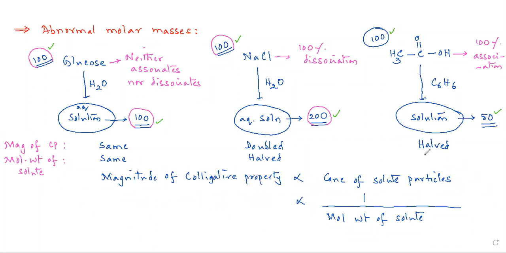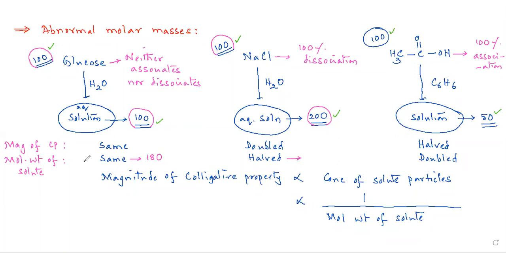In the third case, because the magnitude of colligative property is halved, the molecular weight of solute is exactly doubled. If you consider glucose, it remains the same as 180.